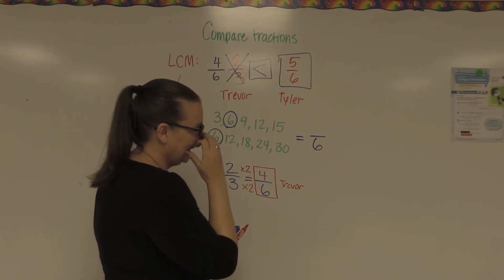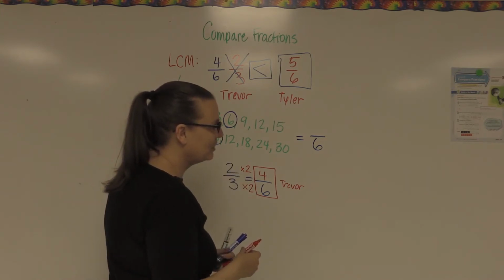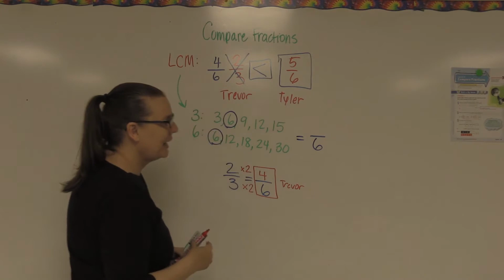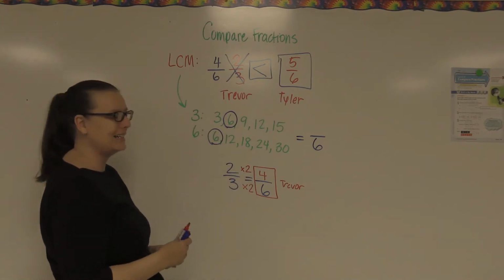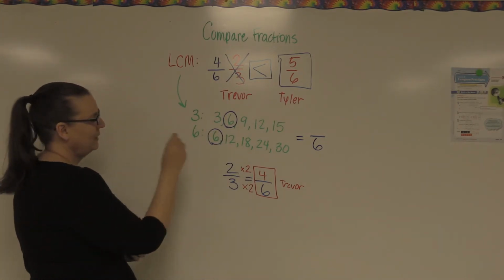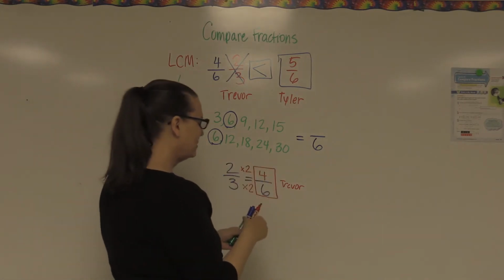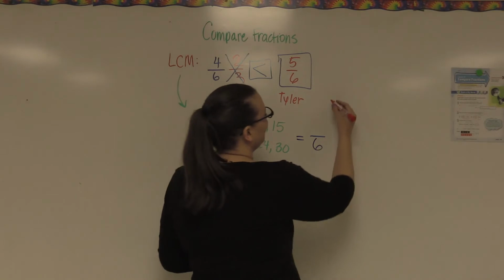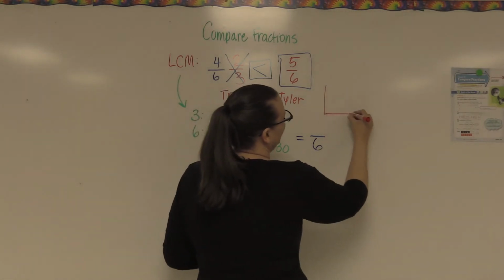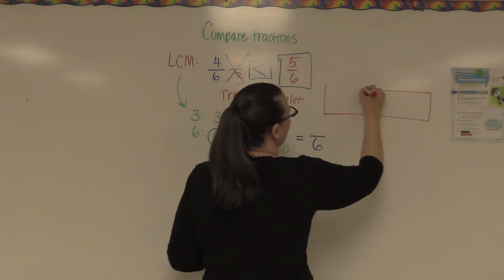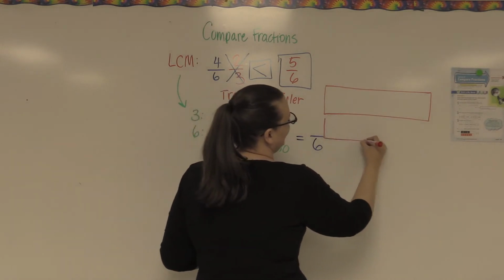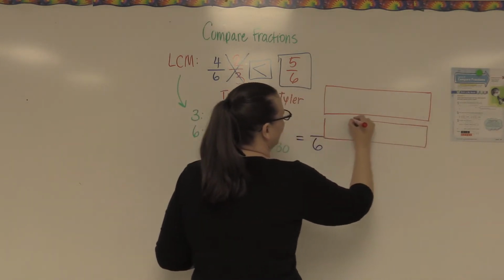All right? The next thing that we can do is use a fraction bar to help us see this. So we can list multiples, we can find an equivalent fraction, or another way, which is much more visual, is to create a fraction bar. When you do a fraction bar, you have to make sure that the 2 bars that you're comparing are the same size, because otherwise it won't work.